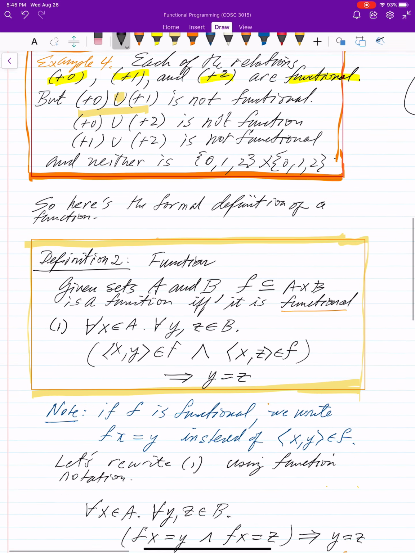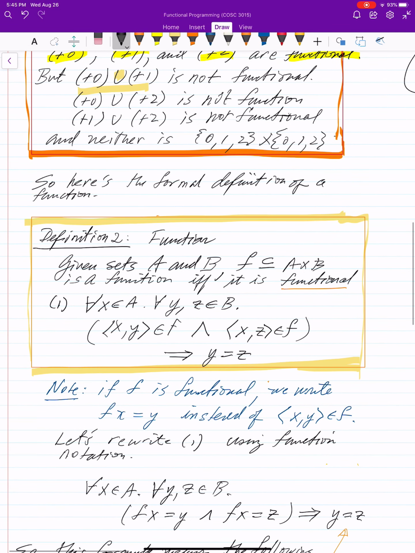Here's the formal definition of a function. If I have 2 sets, A and B, and F is a subset of A cross B, and I'm using F here suggestively, because what we're doing is defining a function. So F is a function if it is functional. And here's the property.